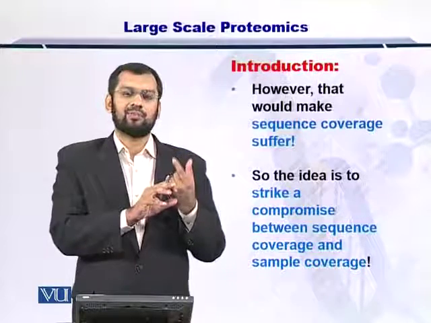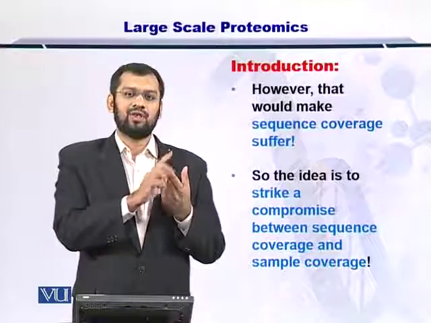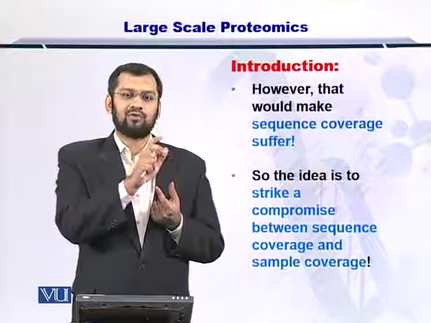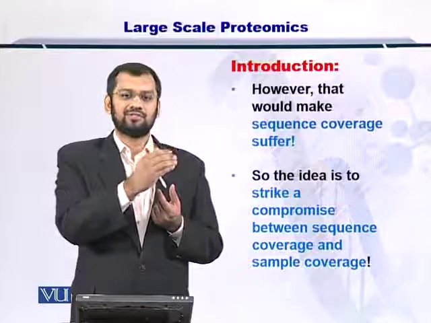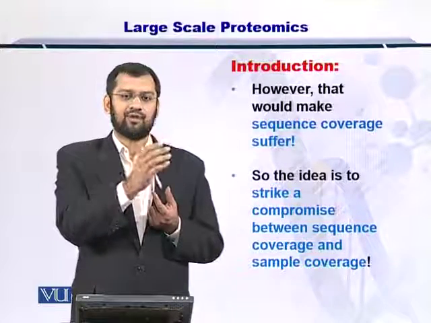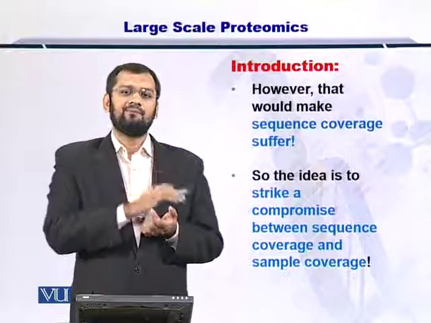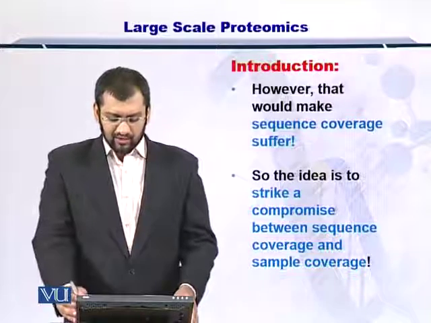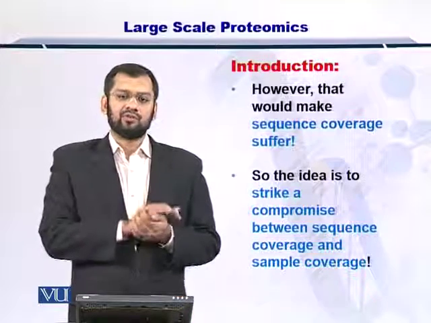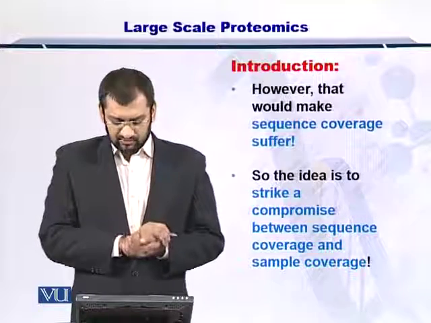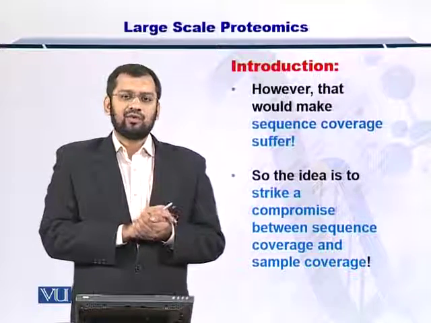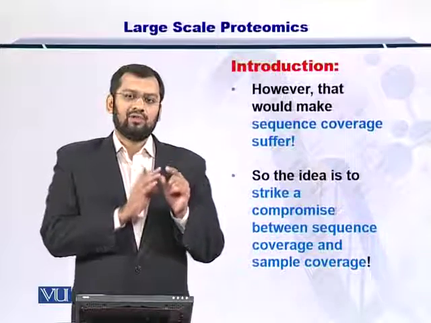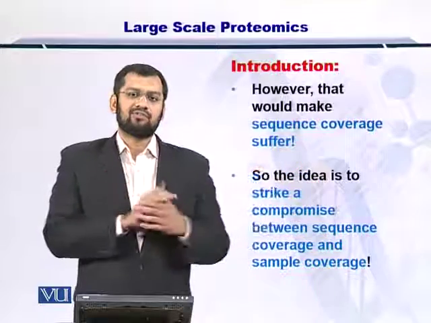Even though it cannot help us to identify one specific protein, if it can help us to identify a very small number of proteins, then we can further search those candidate proteins to arrive at the actual protein or peptide. So the idea is to make a compromise between sequence coverage and sample coverage. Please note that if you have such a peptide, then that peptide will be small and will not be giving you the entire sequence coverage.